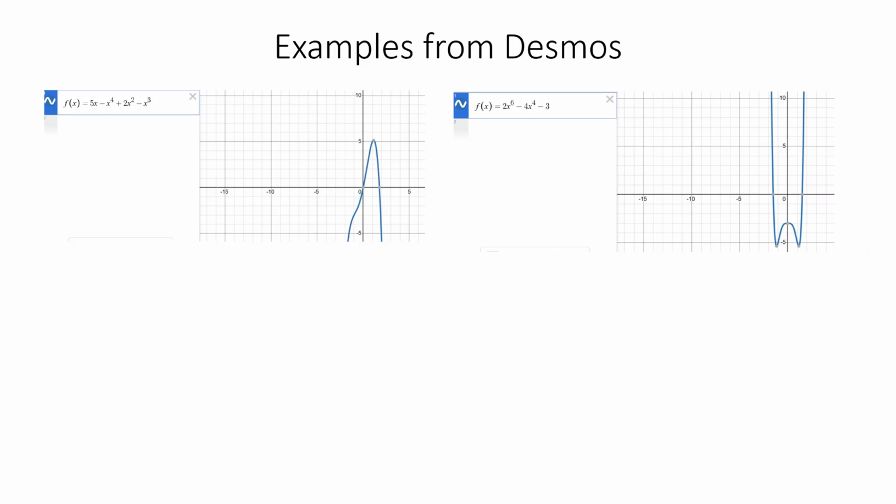So if you look at this, this is 5x minus x to the fourth plus 2x squared minus x to the third. Now this one is not in standard form, so you want to go find that highest exponent, and the highest exponent is a 4. So you're looking at that x to the fourth. So this is even degree and negative leading coefficient.